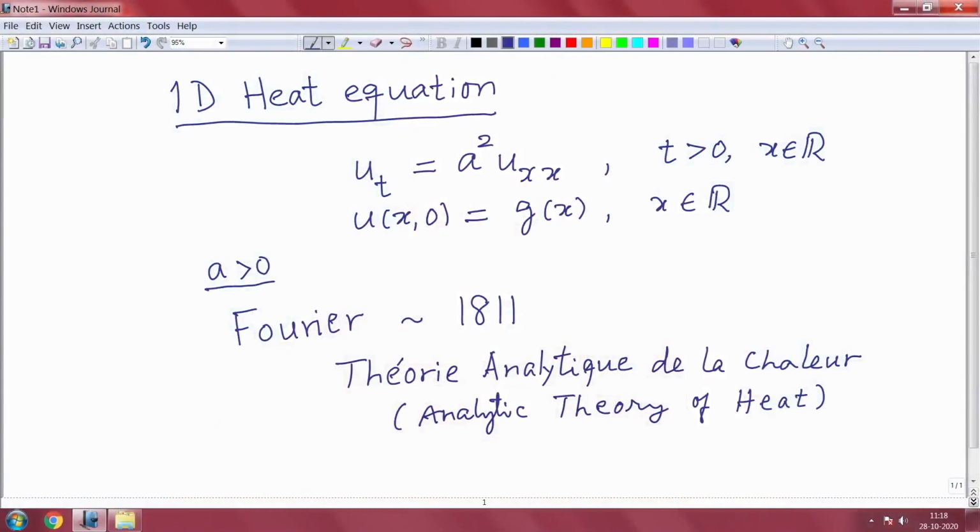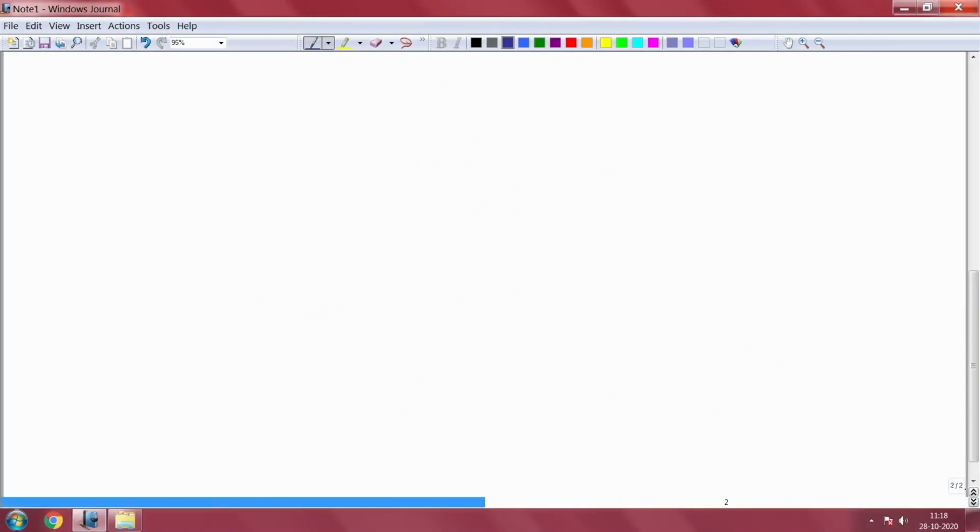A brief account of this, I will give a reference. There is a book by T. W. Körner, the title is Fourier Analysis.